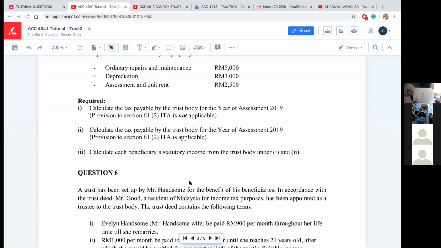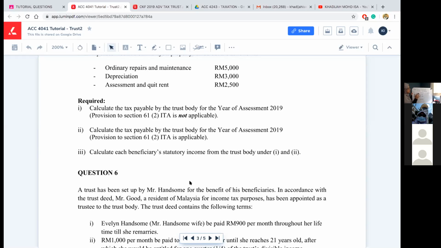Here you have a set off of 116,750 times 0.24, which is 28,020. This is the tax credit set off we give to each of son 1 and son 2. Even though you receive it after tax, when you assess, it's always assessed at gross, then we give you the tax credit.